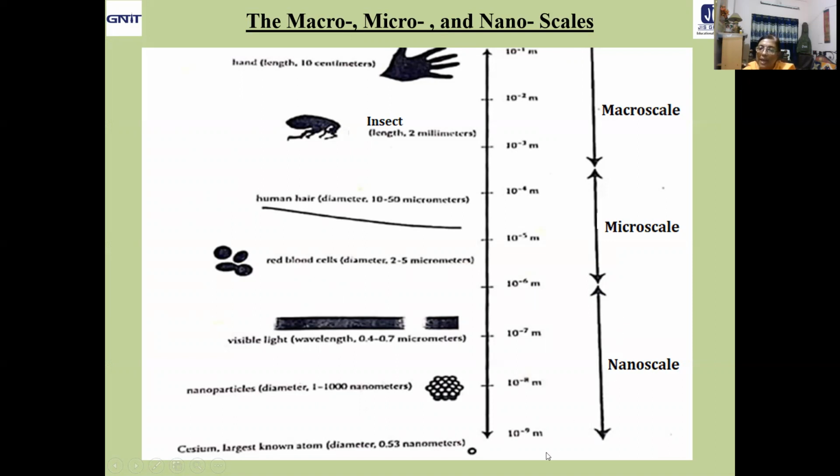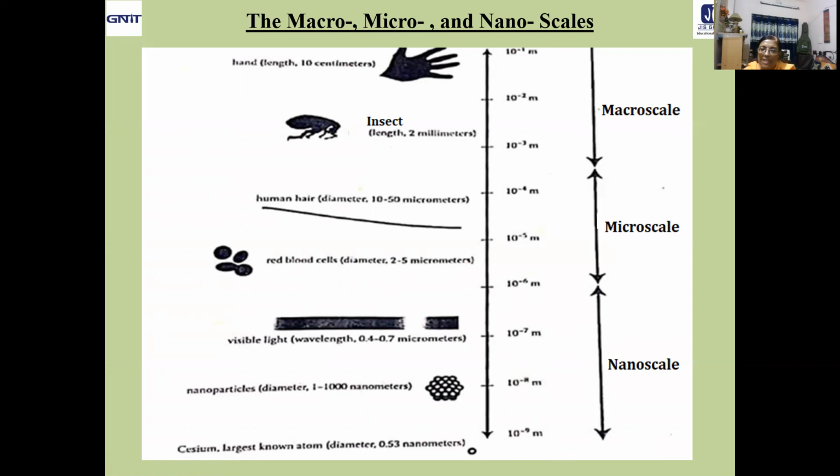What about the nanoscale? 10 to the power minus 9 meter to 10 to the power minus 7 meter. Basically, 10 to the power minus 9 meter is termed 1 nanometer. So it is 1 nanometer to 100 nanometers, because 10 to the power minus 7 meter is the range of the scale. Now, what about the corresponding examples? Visible light. We know it comes under the range of 4,000 to 8,000 angstrom.